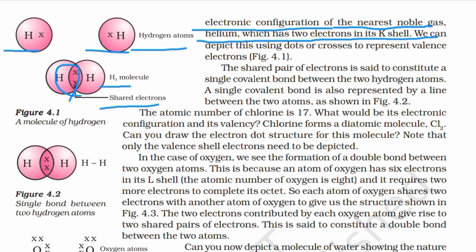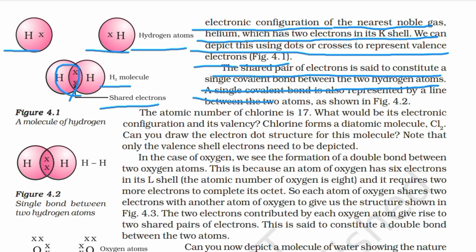We can depict this using dots or crosses to represent valence electrons, figure 4.1. The shared pair of electrons is said to constitute a single covalent bond between the two hydrogen atoms. A single covalent bond is also represented by a line between the two atoms as shown in figure 4.2.